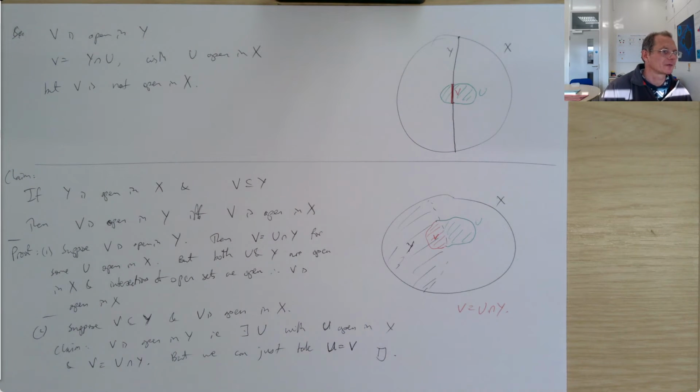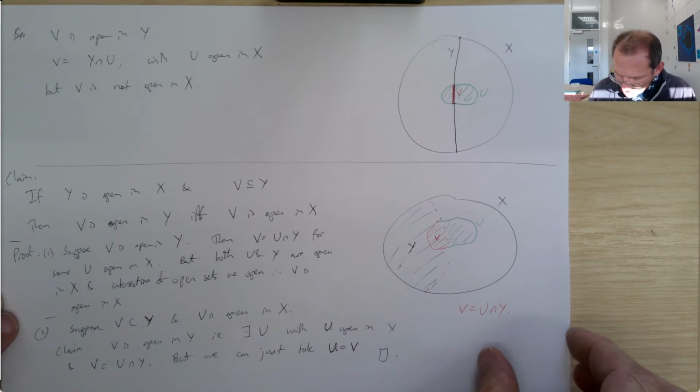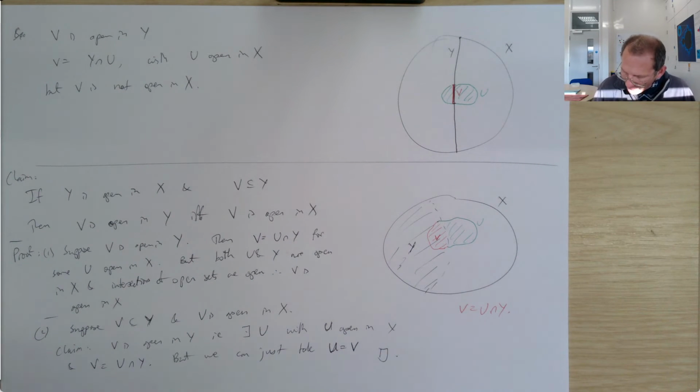Okay, so that shows that in the case where you've got an open subset, the subspace topology works out in this rather simple way.